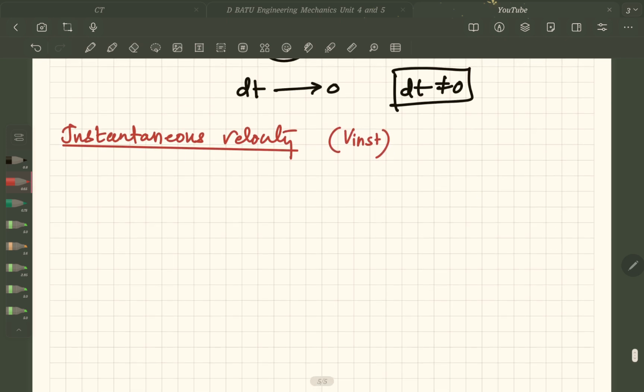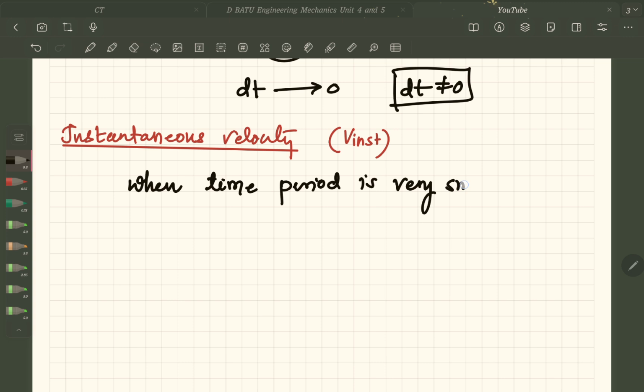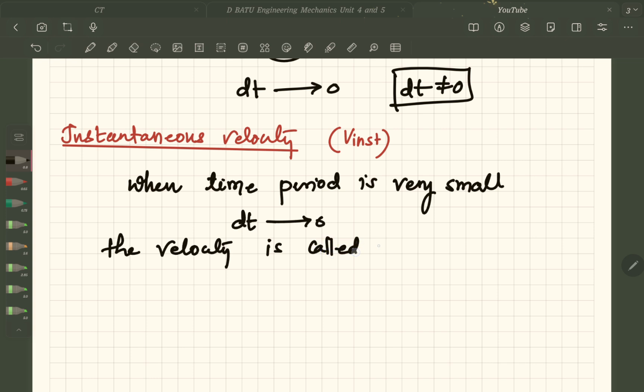So instantaneous velocity is when the time period is very small, that is dt tending towards 0, and the velocity is called instantaneous velocity.